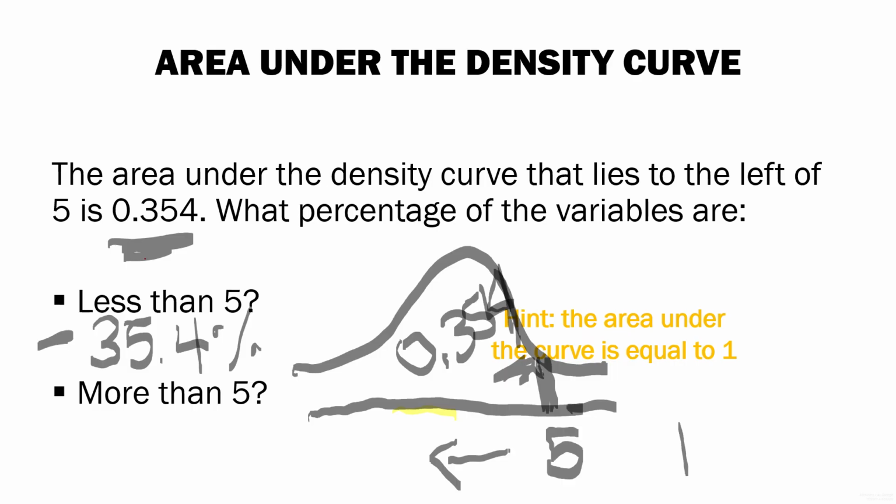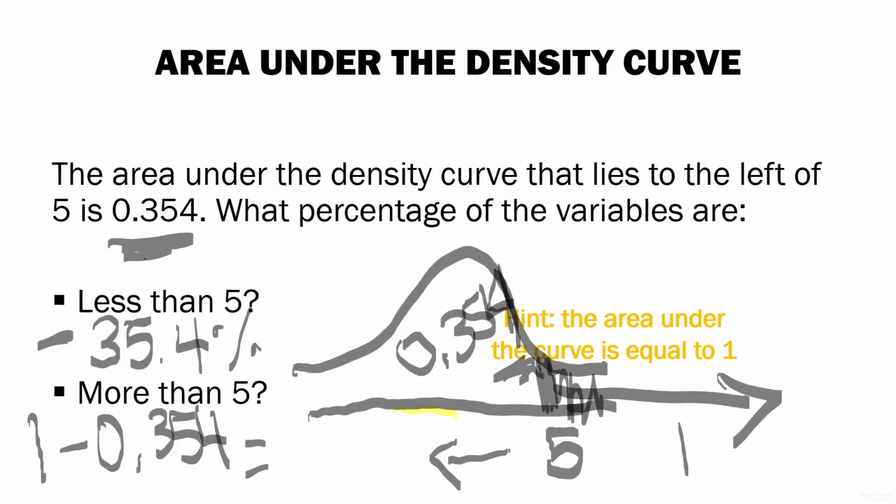All we have to do here is go 1 minus 0.354, and that would represent the area from here all the way over there, and that would be equal to about 0.65 or 65%. So try this for yourself. Less than 5 is simply 0.354. More than 5 is 1 minus 0.354 because the total is 1.